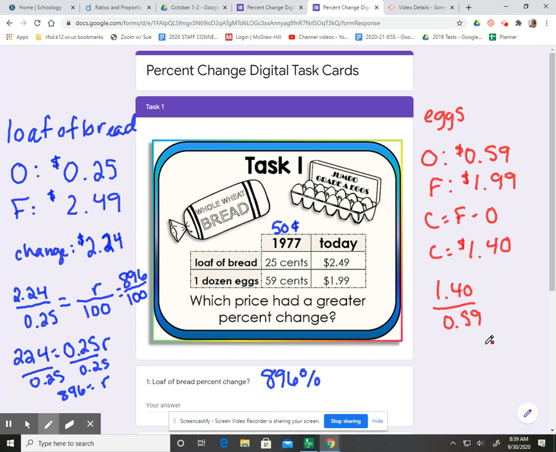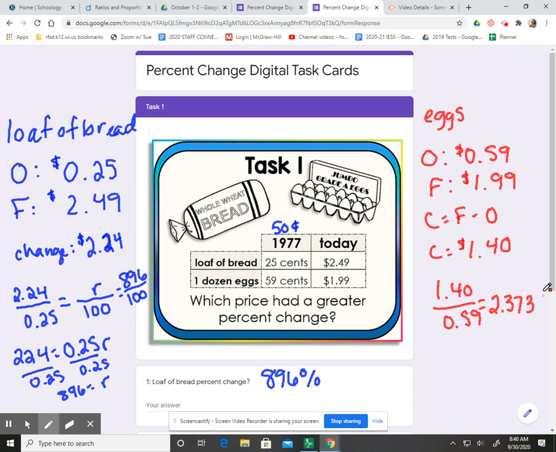Now, we can set up a proportion, which might be really easy because we get a percent pretty easily. Or, to write a fraction as a percent, we can divide these. So we do 1.40 divided by 0.59, and I get 2.37288, and it keeps going, so I'm going to round to 2.373.